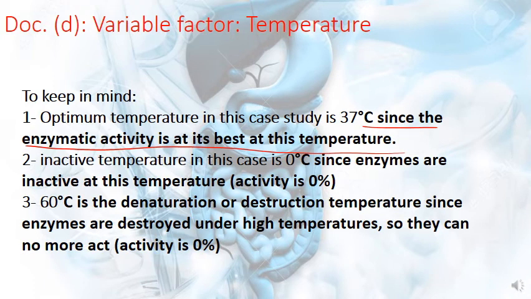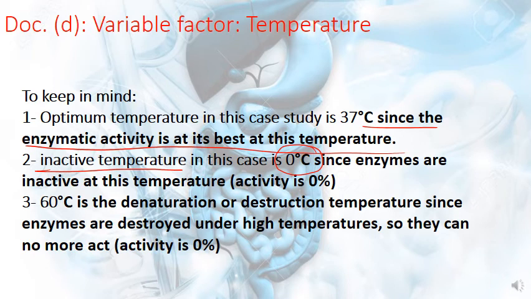The enzyme is going to be active at 37, while it's going to be inactive when the temperature is 0 degrees. Because the enzymes are inactive, they can't work. The activity is going to be 0, so they're going to be frozen.